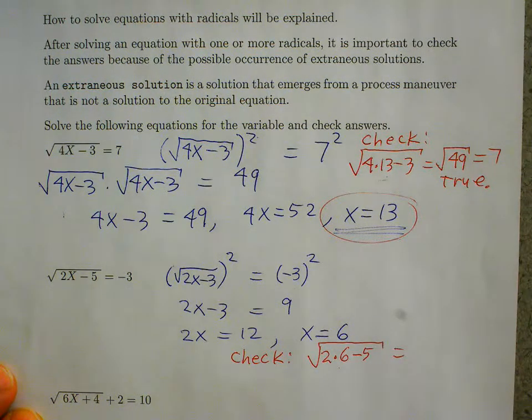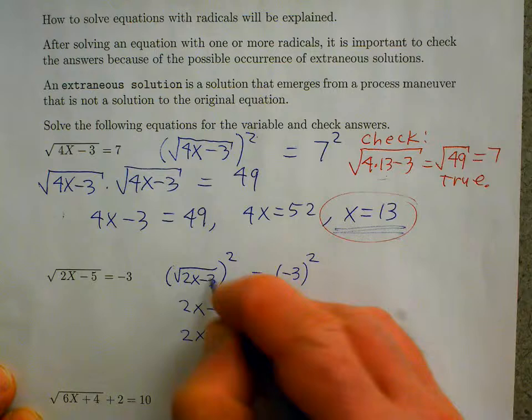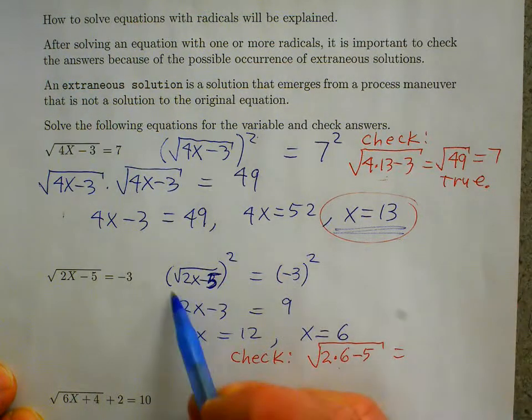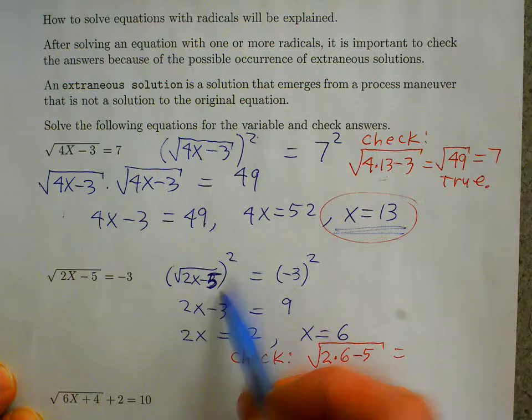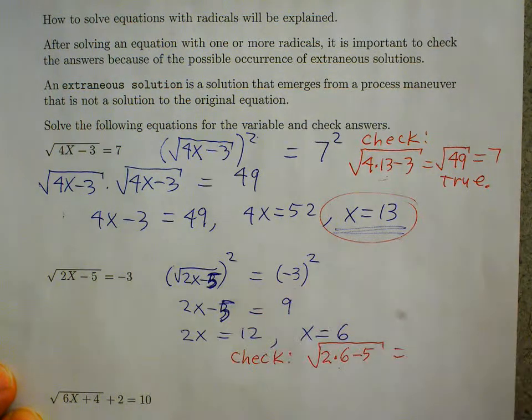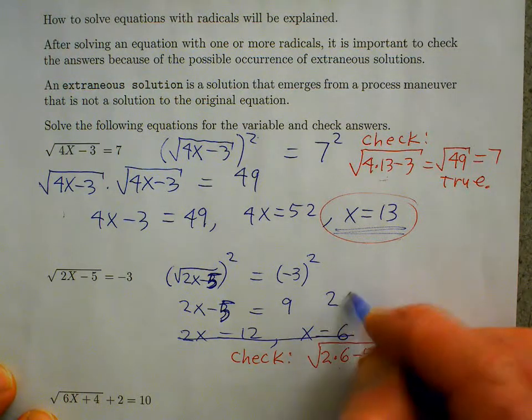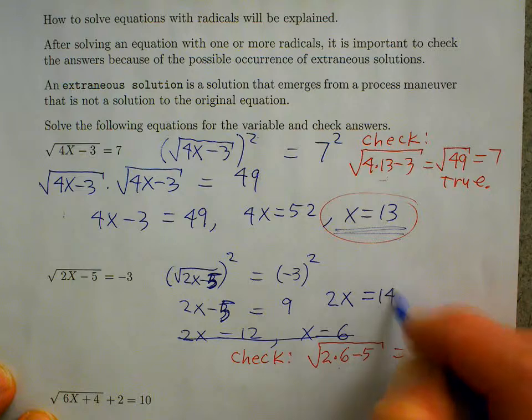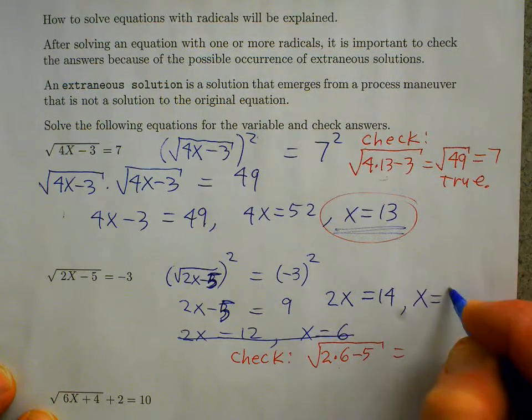Yeah, you're right. I knew I was making a mistake somewhere. So yeah, the square root of 2x minus 5 squared is 2x minus 5 equals 9. Then when we add to both sides, we get 2x equals 14, or x equals 7.